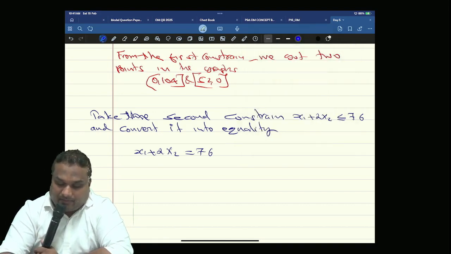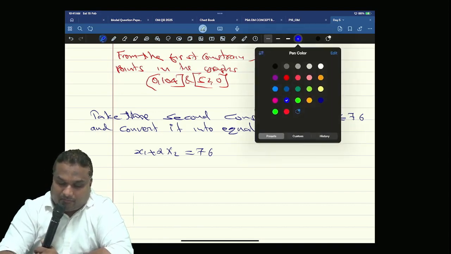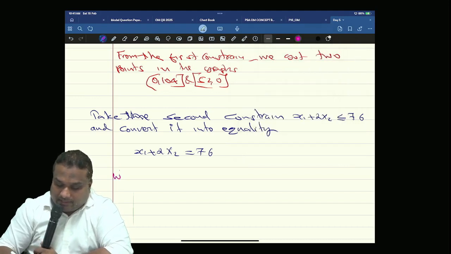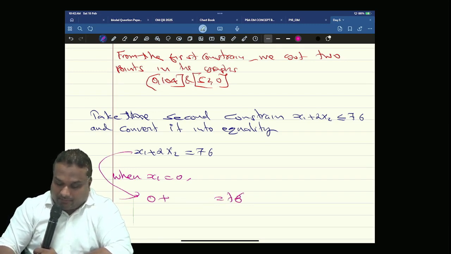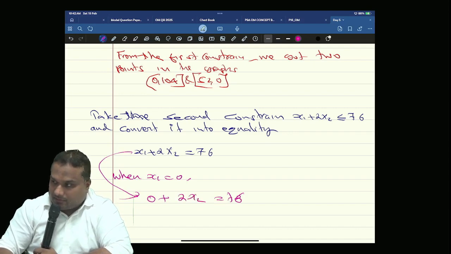On the bottom you write, when x1 equal to 0, we have 0 plus 2x2 equal to 76.